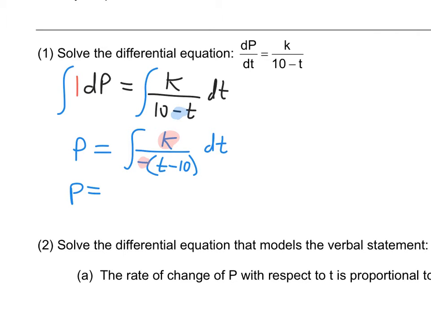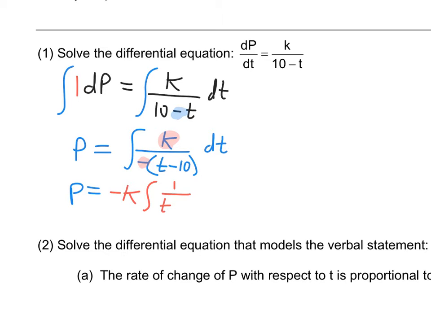All right, so negative k, because k divided by negative 1 is still negative k. It's not a constant of integration, so the k wouldn't absorb the negative 1. It's a different type of constant, like coefficient of static friction or something, like a known quantity, right? Not the unknown type of constant like the constant of integration would be, right? So negative k times the integral of 1 over t minus 10.